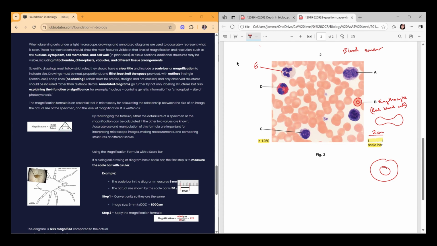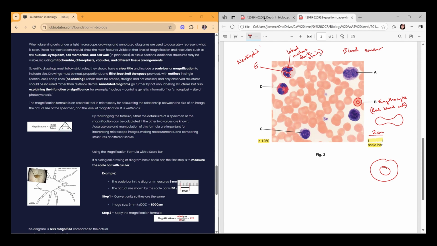And I can tell that because this one that they don't want us to look at is a neutrophil, because it's one that you should be able to identify, and you should be able to identify that neutrophil because of the lobed nucleus. So it has a lobed nucleus, and I can see that because of this purple dark stain. We've got a dark stain here. And therefore, I know it's a neutrophil because of that lobed nucleus, which has been stained using a specific type of stain.